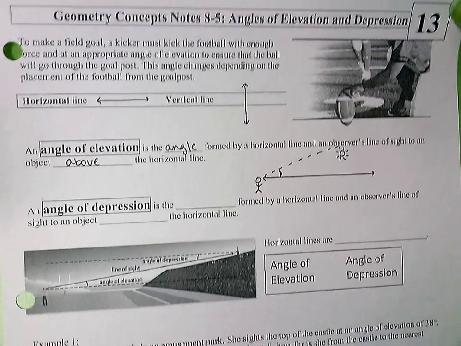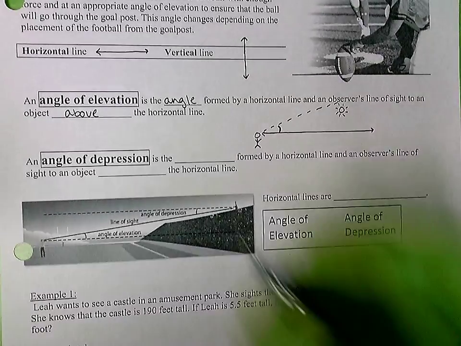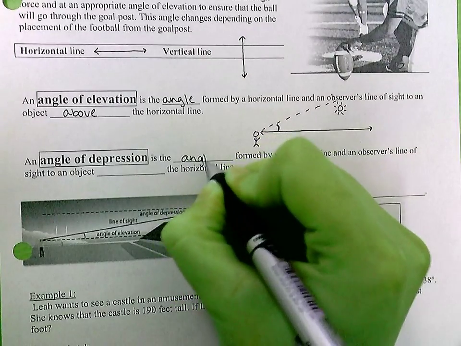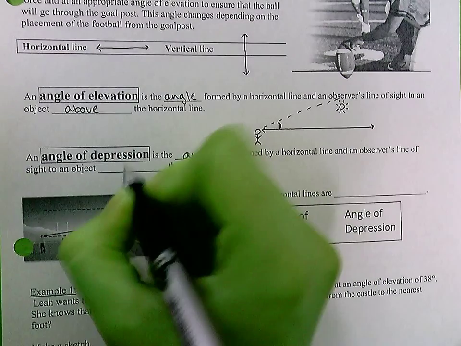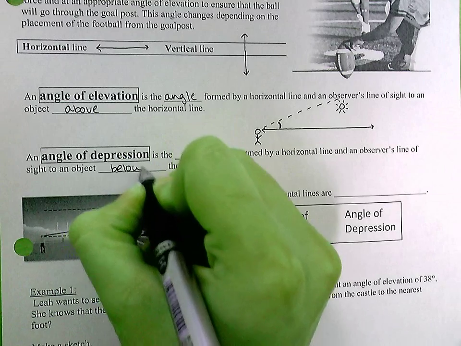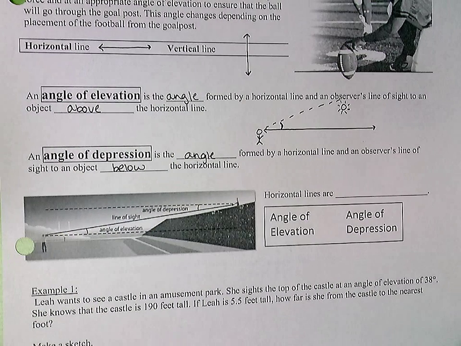Now an angle of depression is the angle formed by a horizontal line, so we still have that horizontal line, and an observer's line of sight to an object below that horizontal line. So now this person is looking down at something.